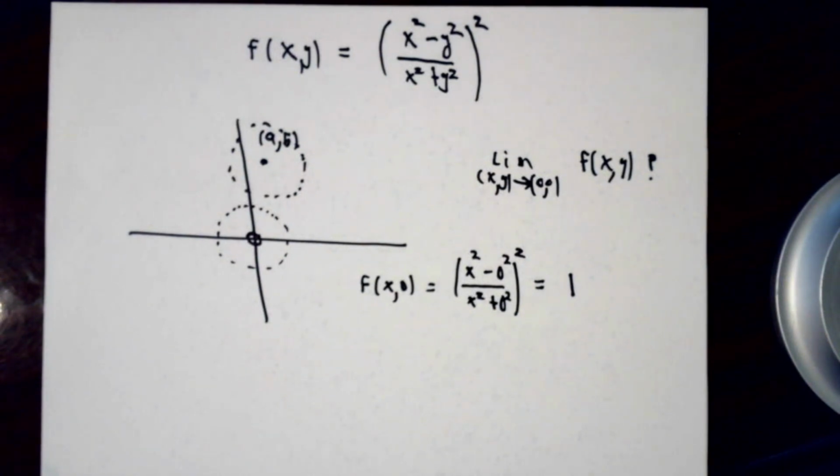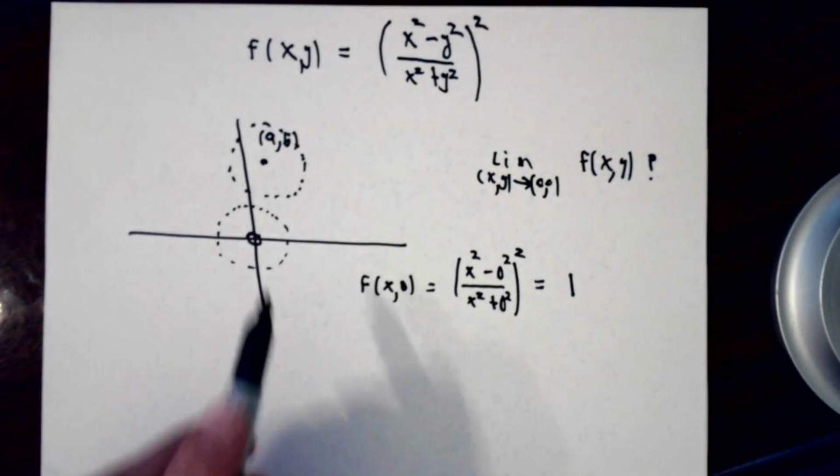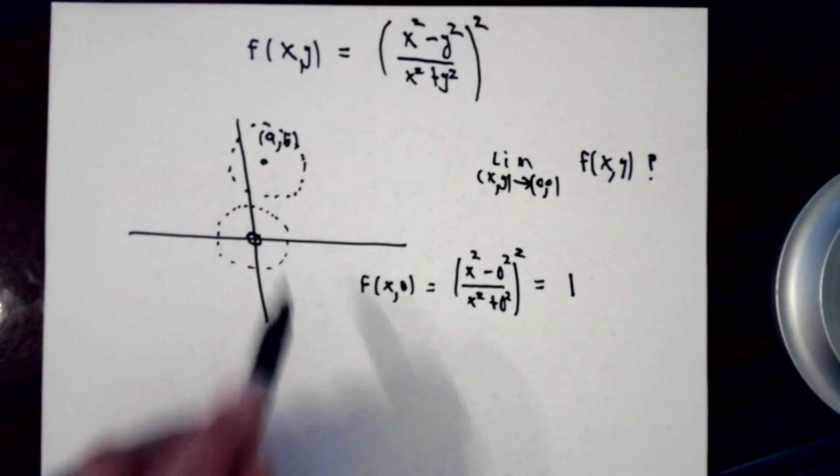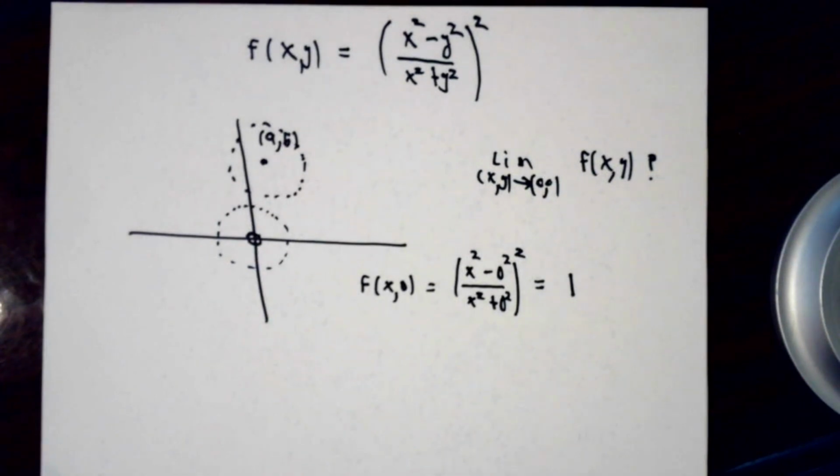I'm approaching the origin, and the y-coordinate is exactly 0. That means that the x-coordinate is not exactly 0. So when I do this fraction, I end up with 1. So either from the right or from the left, if I approach the origin using only points that are on the x-axis, it looks as though the limit is going to be 1.